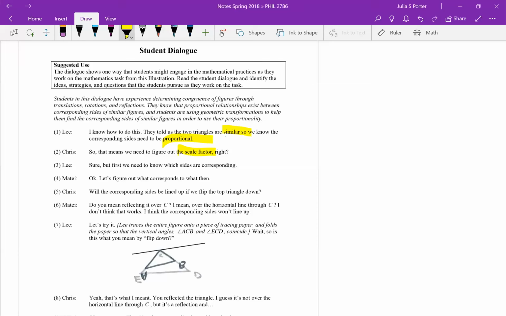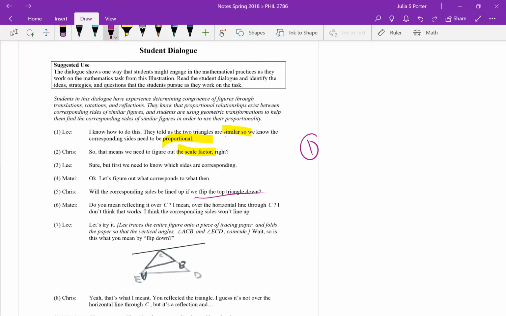Okay, so the first attack that they have is that Chris says to flip the top triangle down. And this is kind of a misconception, and it points out that they need to attend to precision, MP6, more clearly.